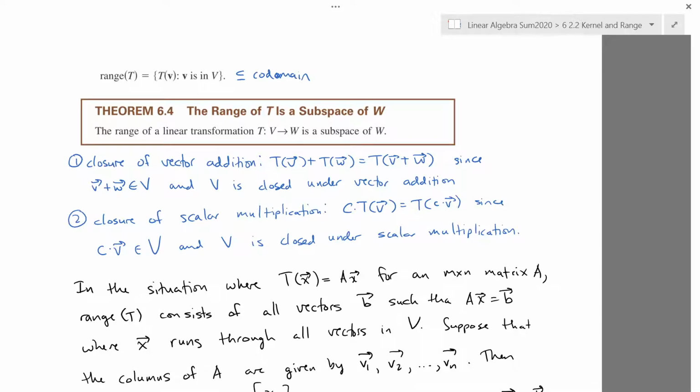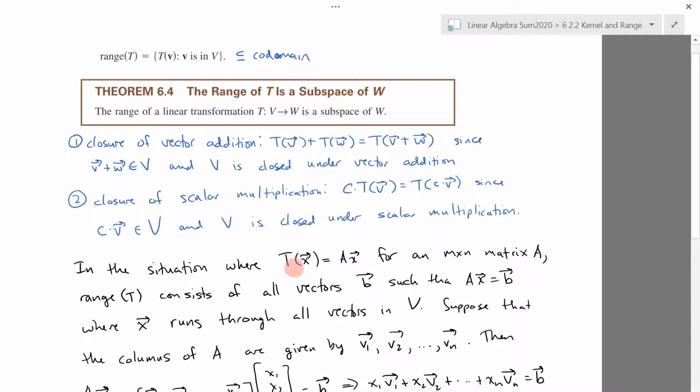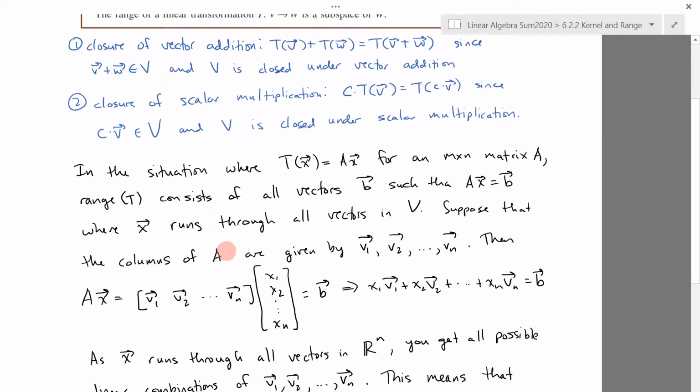And just like in the situation where the linear transformation is given by matrix multiplication with A, where the kernel is the same as the null space, we can see that the range is the same as the column space. So why is that?